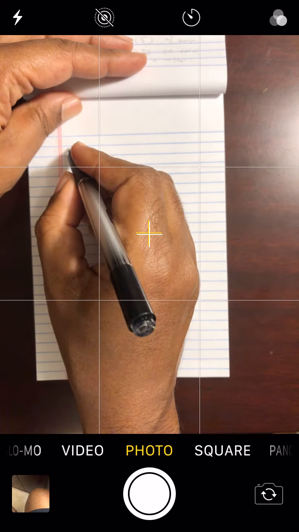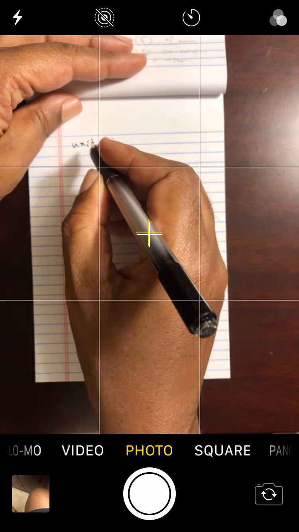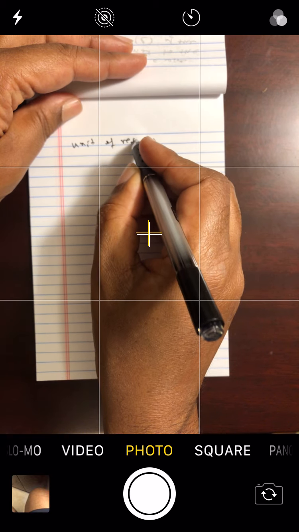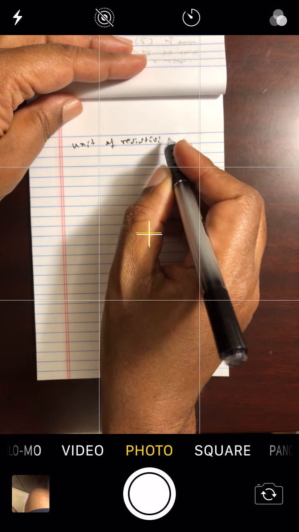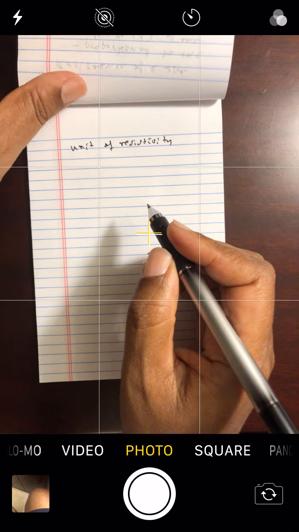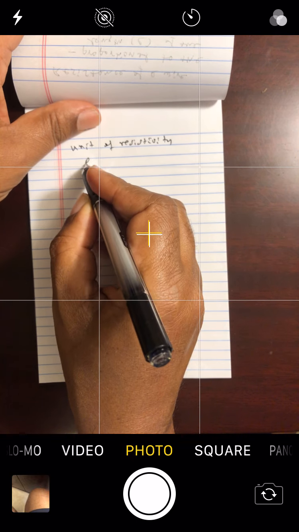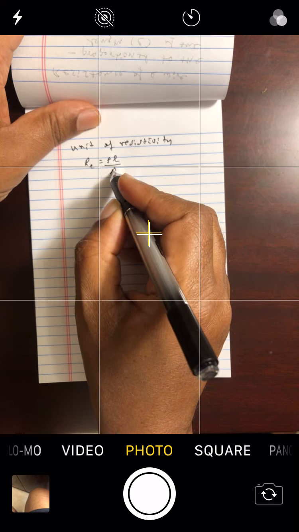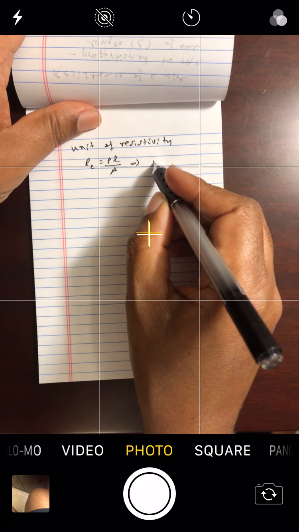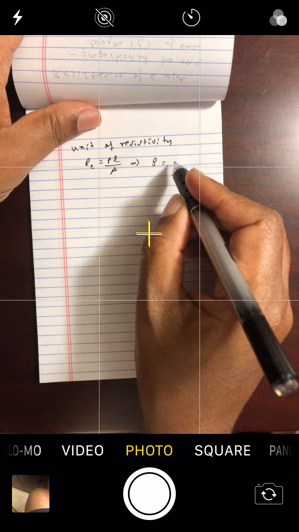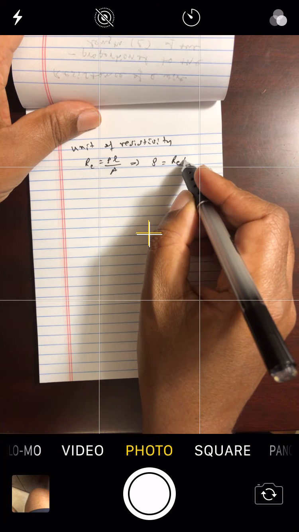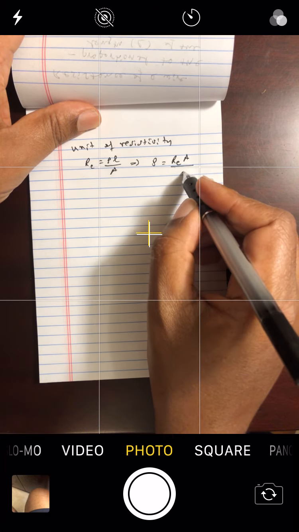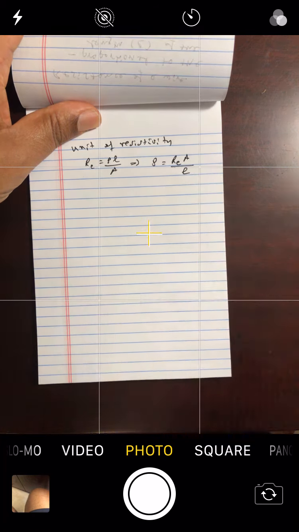So let's look at the unit of resistivity. As you can see from this formula, we have the resistance equals resistivity times length divided by cross-sectional area. This implies resistivity equals resistance times area divided by length. The unit of resistance is ohms.